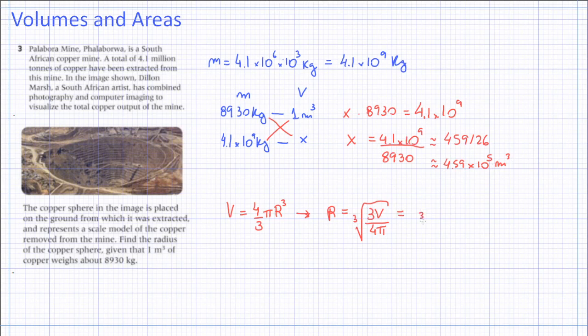So that's cubic root of 3 times 4.59 times 10 to the power 5 over 4 pi. So that gives us approximately 47.9 meters.